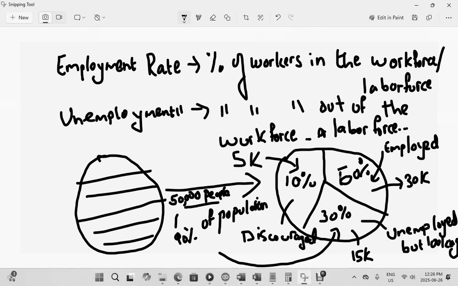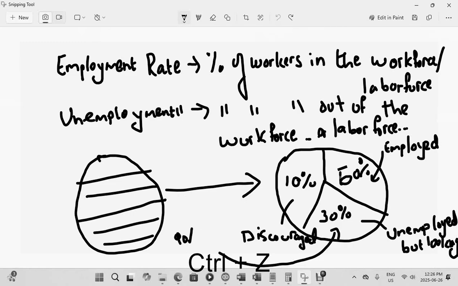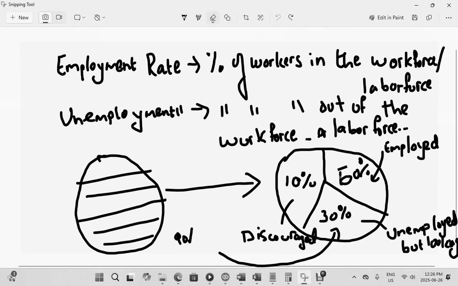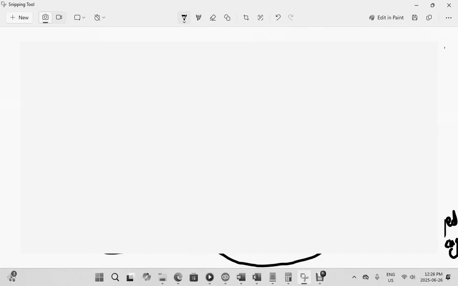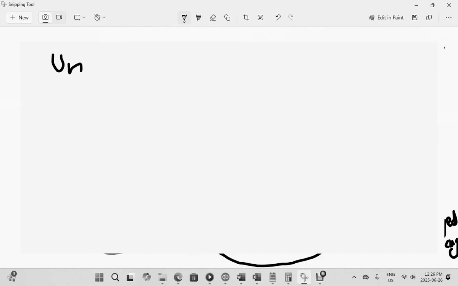Now let's look at an example. Say you have an unforeseen event.